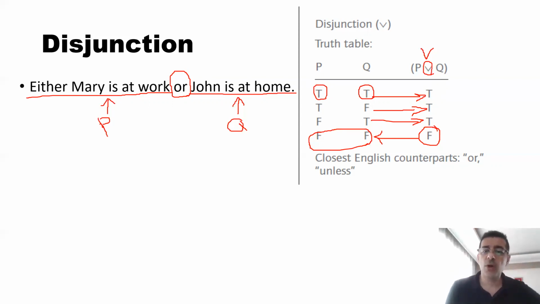Maybe something worth mentioning here is that some of you might think that one of them is true and one of them is false. Remember that we have two types of disjunction. One is exclusive disjunction and the other one is inclusive disjunction. Inclusive is when both can be true, but exclusive is when only one of them can be true.